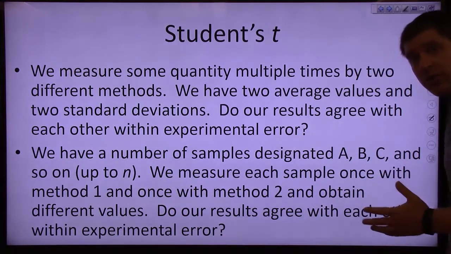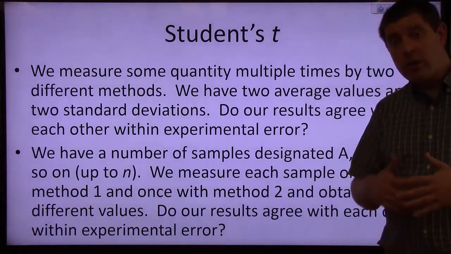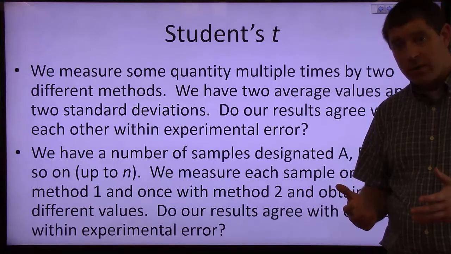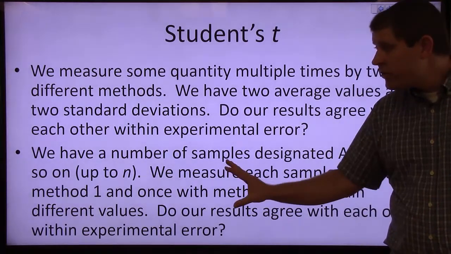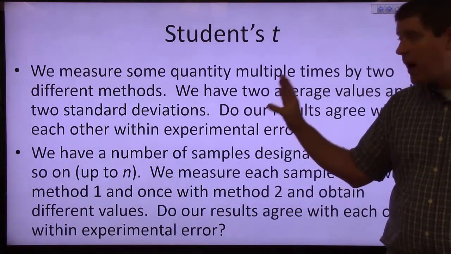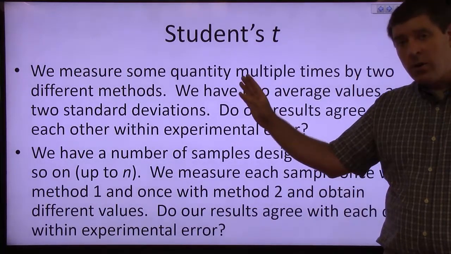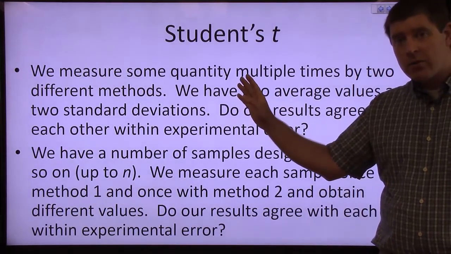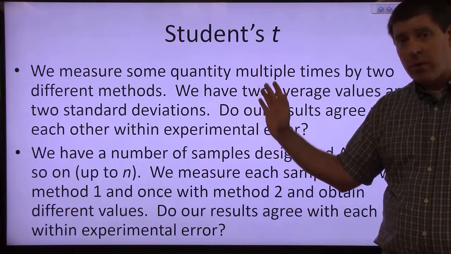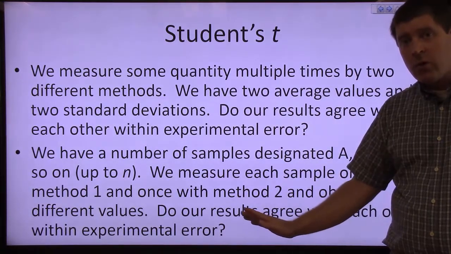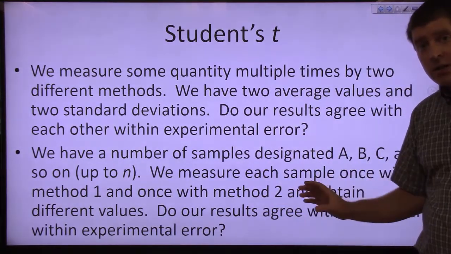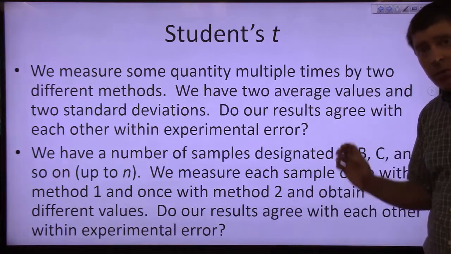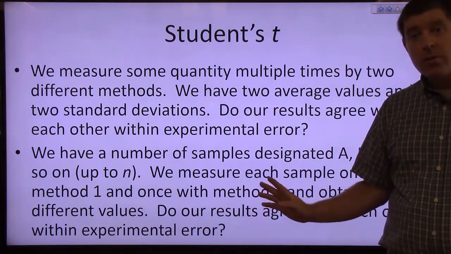That is, is there some significant difference between our 2 methods of measuring? Now, this is different than the second case, because in the second case, we're measuring one quantity many times with our 2 different methods. In the third case, we're measuring different quantities, sample A, sample B, sample C, and so on, once with each of our measurement techniques.